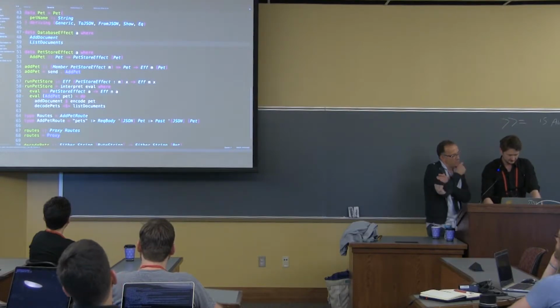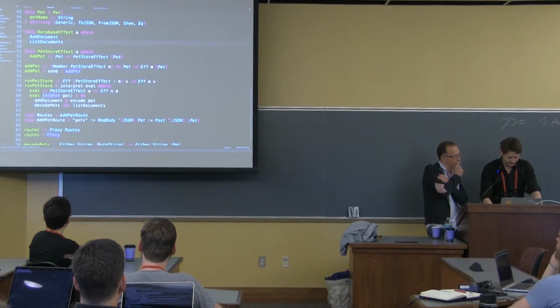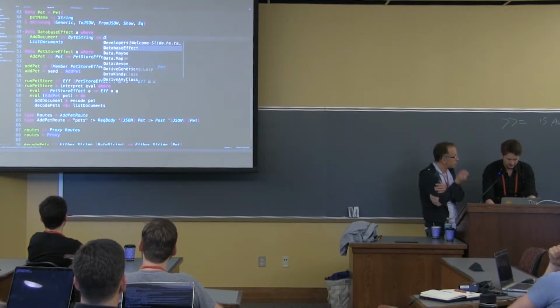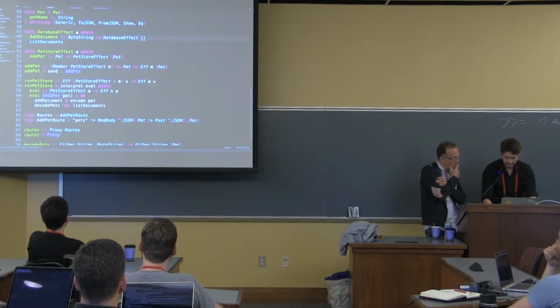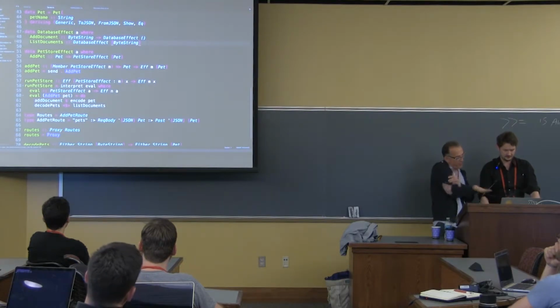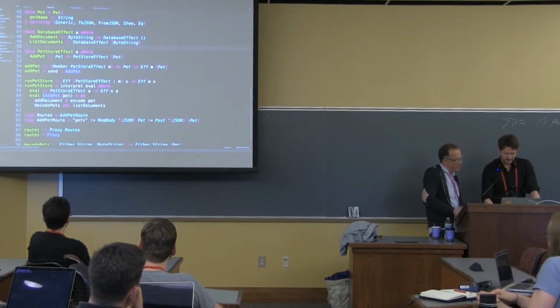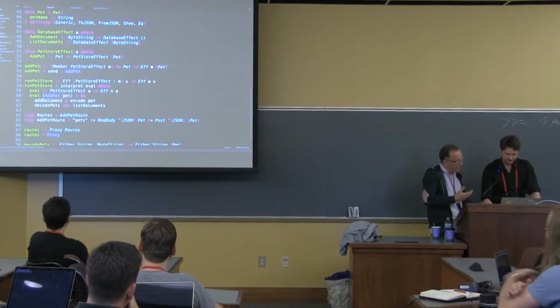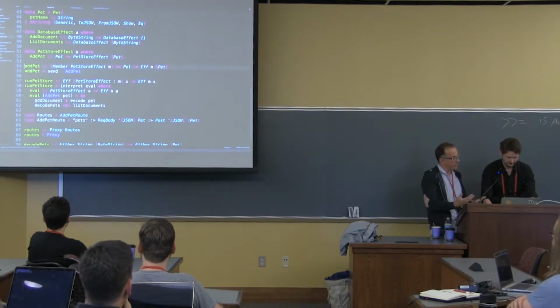Add document will take a byte string and goes to database effect of unit. And list documents just goes to database effect of list of byte strings. So that's where we see that GADTs come into play, right? We are really expressing what our effect is, what our verb is in our effect.